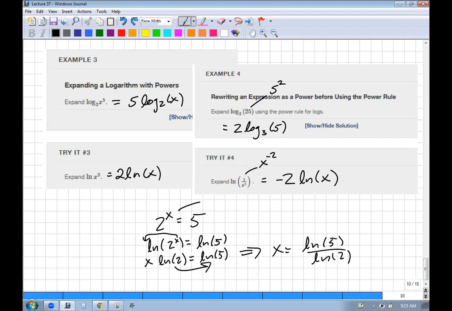Now, I could have taken log base 2 of both sides, right? Those undo one another. So these are equal, right? But I don't have a log base 2 button on my calculator. I have a natural log.